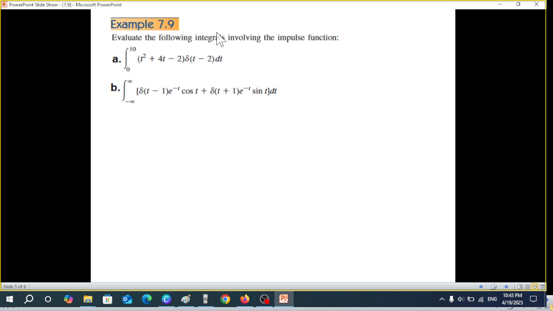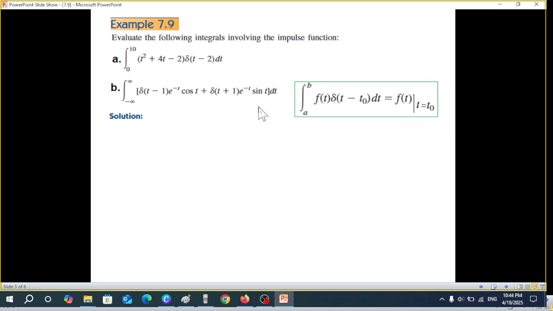Now, example 7.9 has two parts. We'll do the A part first, and then the B part. As I mentioned, we'll be using this formula. For the first part, this is the function and this is the delta. We put the function, and for t equal to t0, here t is equal to 2.